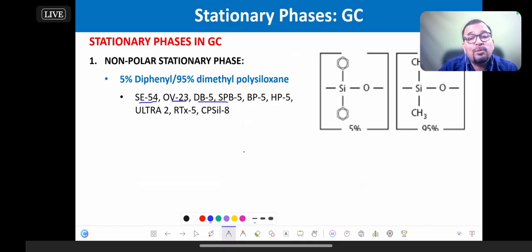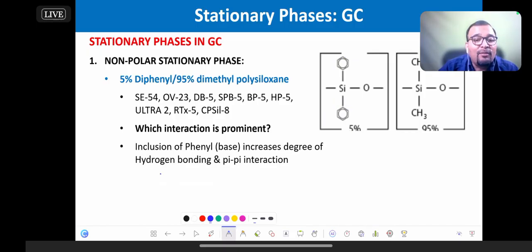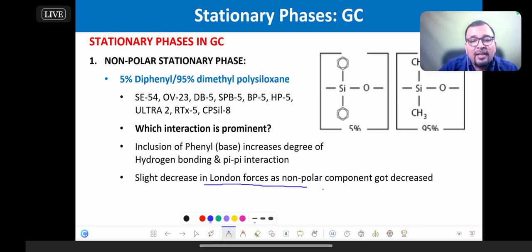So which interaction is prominent? The prominent one will be pi-pi for sure, right? But you will have the possibility of hydrogen bonding also, as we discussed. But there is a slight decrease in the London dispersion force as a non-polar component got decreased. You understand?